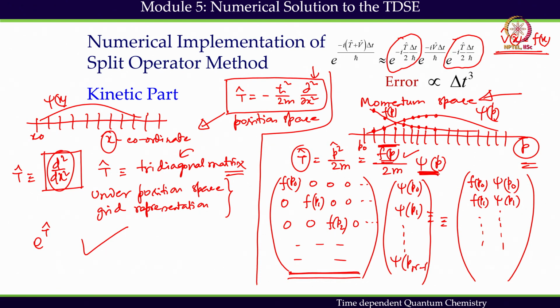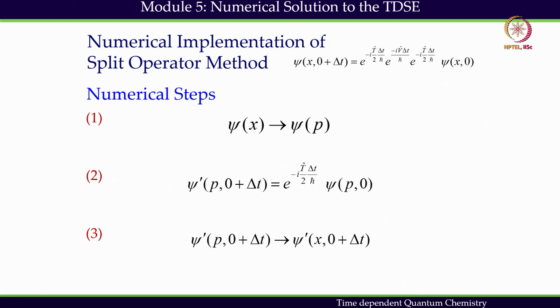So the overall scheme is the following now. We are going to write down the entire scheme. So this is the mathematical or analytical form, the approximate form of the split operator method, where we have used a symmetrized product. It is symmetrically arranged. Here is the kinetic energy part, here is the kinetic energy part, and the remaining part is the potential energy part here.